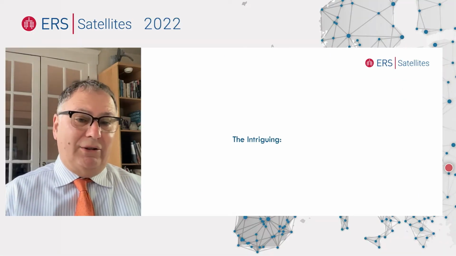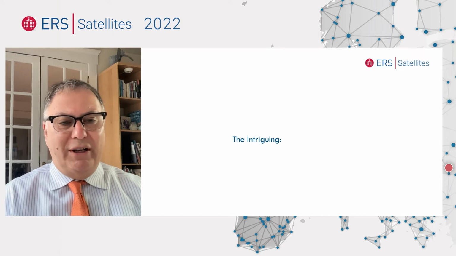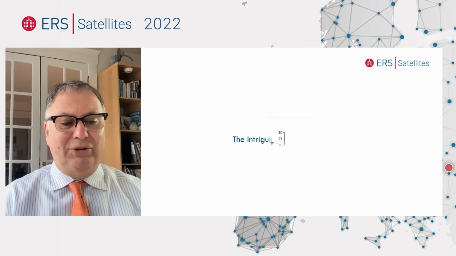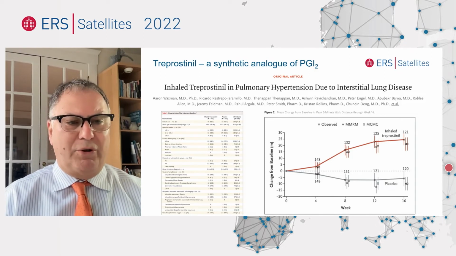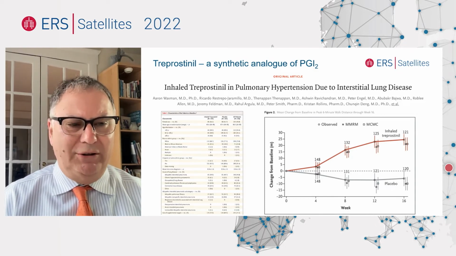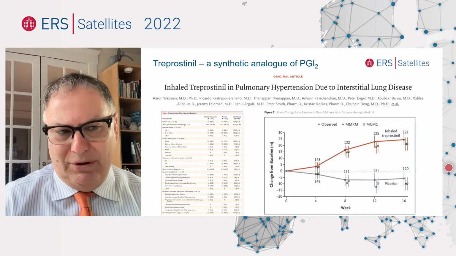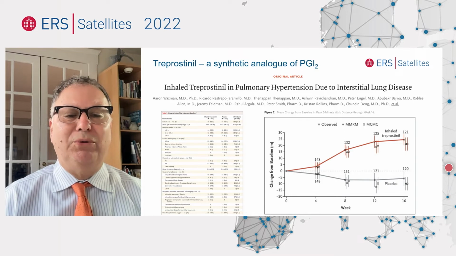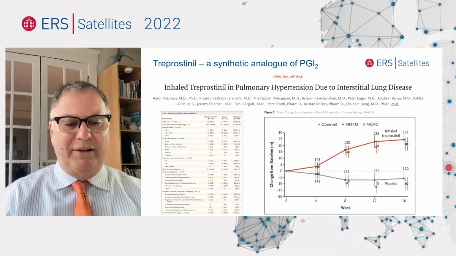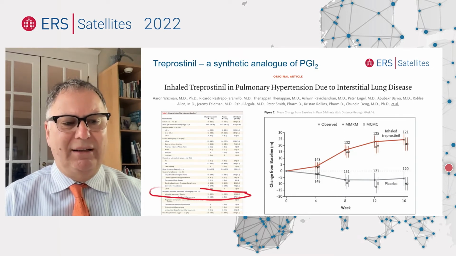The intriguing, and that's sort of what I call out of left field, or the things we did not expect to see. One is recently reported treprostinil, a synthetic analog of PGI2, and this was mentioned in the previous talk. Inhaled treprostinil in pulmonary hypertension due to interstitial lung disease has a beneficial effect on exercise capacity.